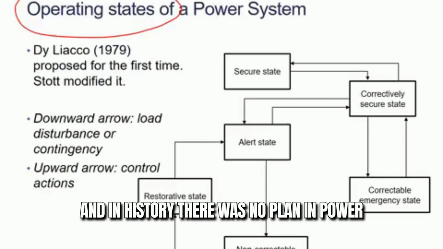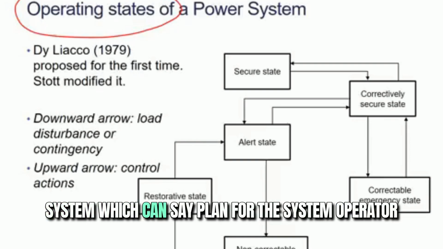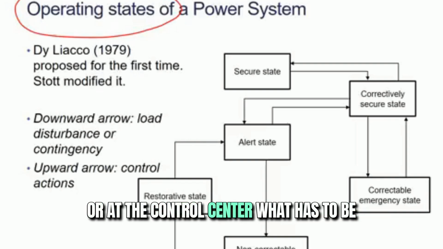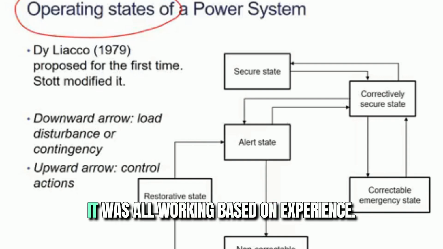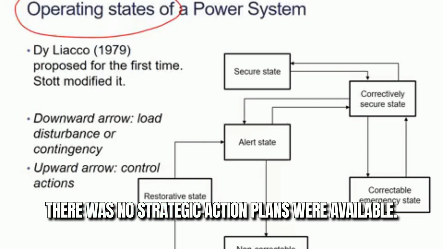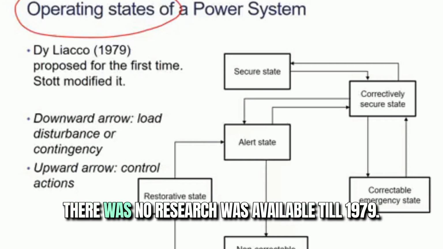In history there was no plan in power systems which could tell the system operator or the control center what has to be done when a particular situation happens. It was all working based on experience. No strategic action plans were available. There was no research available till 1979.